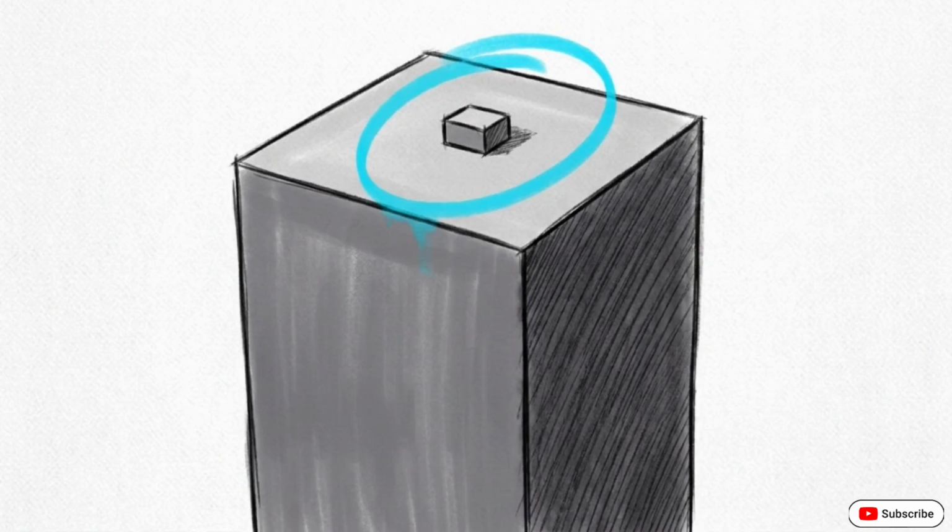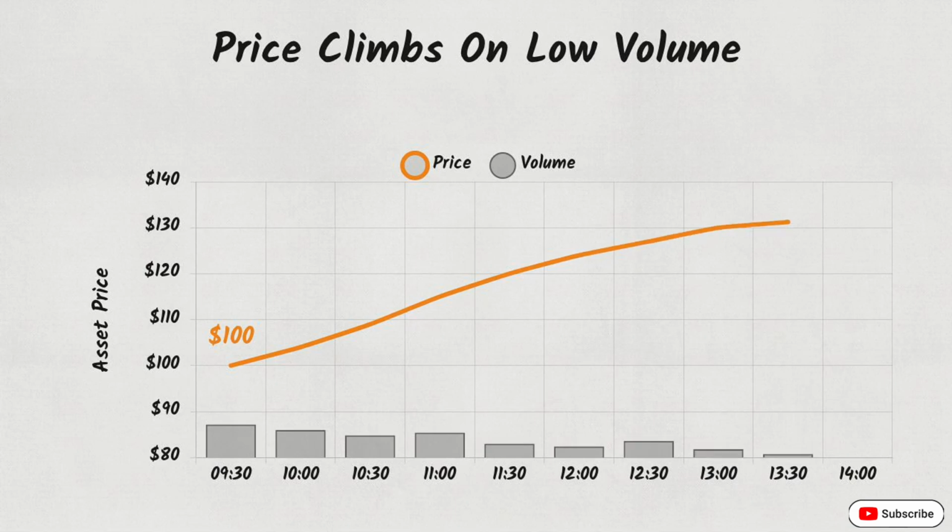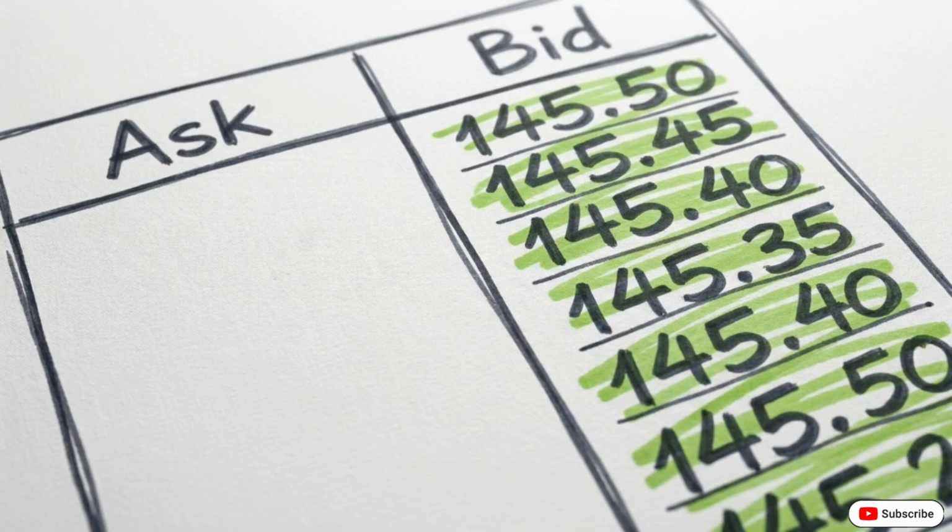This geometric mismatch is called absorption. Retail traders are aggressively buying, but a large institutional player is quietly sitting at that level, absorbing every buy order by selling their shares. The final scenario happens when the price climbs steadily, but the volume bars underneath are unusually small. Minimal effort is creating a strong result.